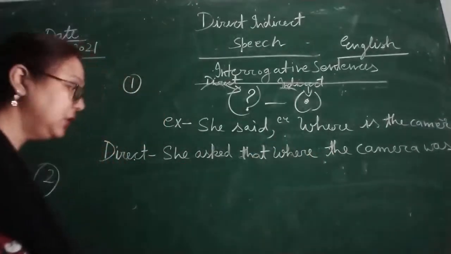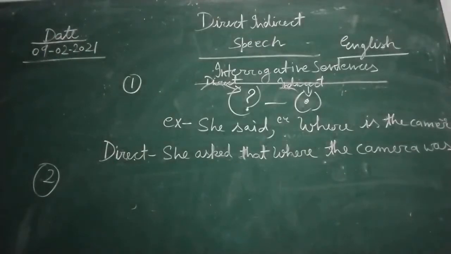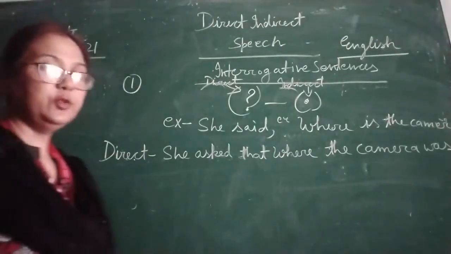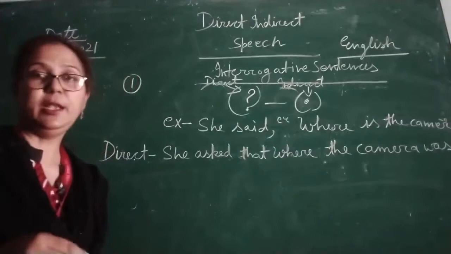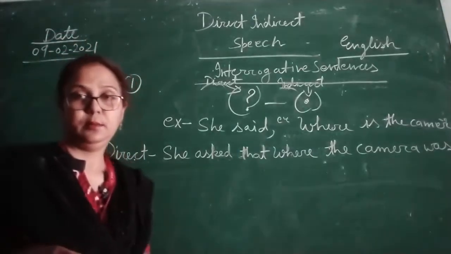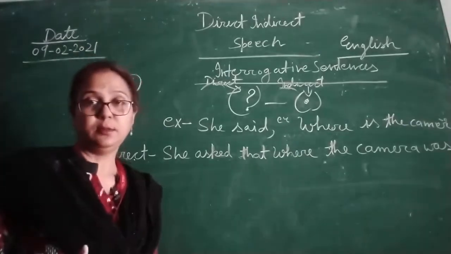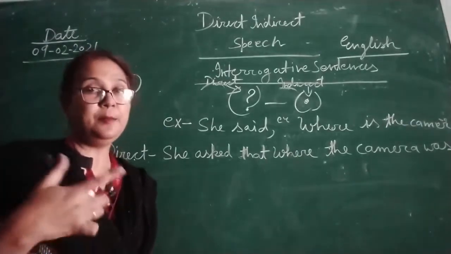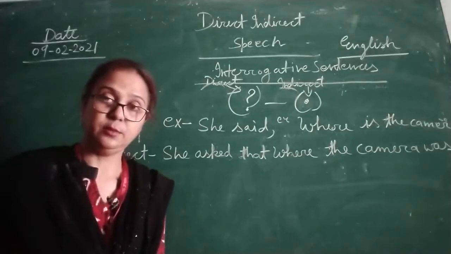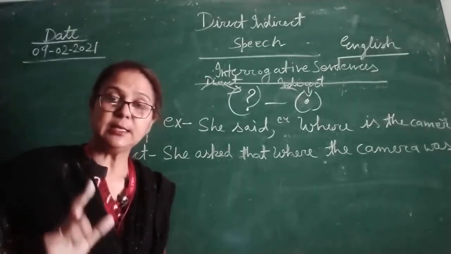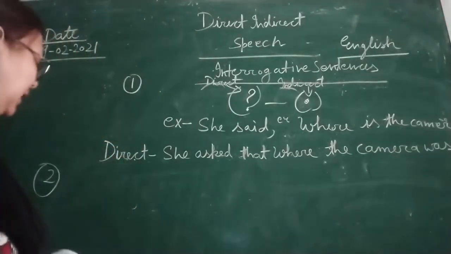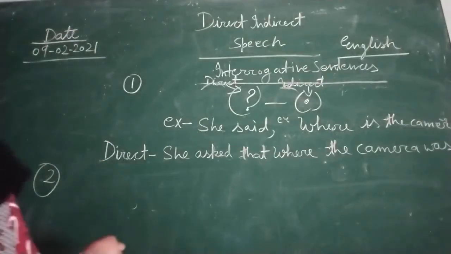Okay. Now children, I would like to tell you that a few words can be used in place of said and asked while making indirect speech. That is a very important thing that we are going to learn.